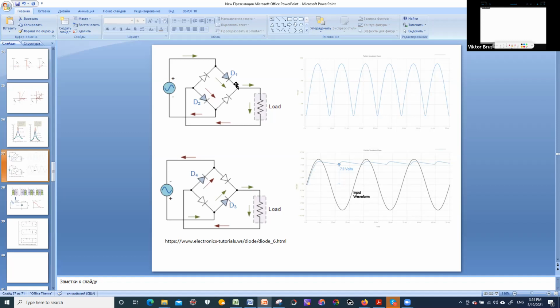Somewhere it's very simple, somewhere it's very sophisticated. It all depends on the requirements for the quality of this DC current at the output.